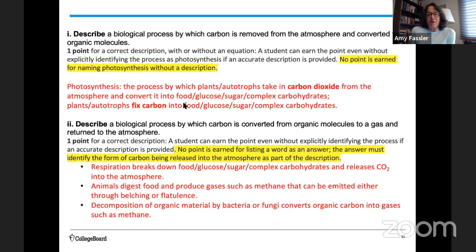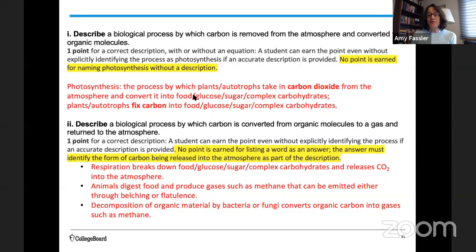I can say photosynthesis is the process in which, and then there's a number of ways I could have said that, plants or autotrophs take in, notice they were really explicit here, carbon dioxide from the atmosphere and converted into food or glucose or sugar or carbohydrates, starches.